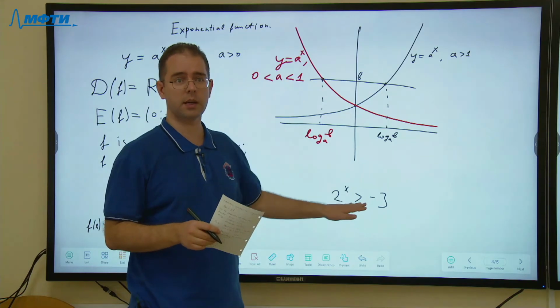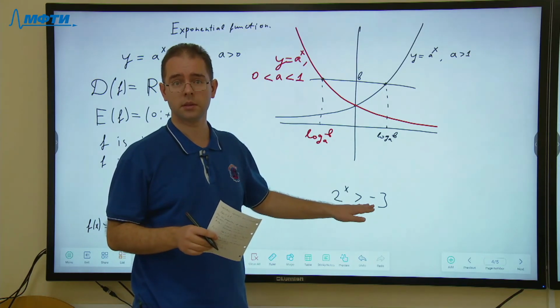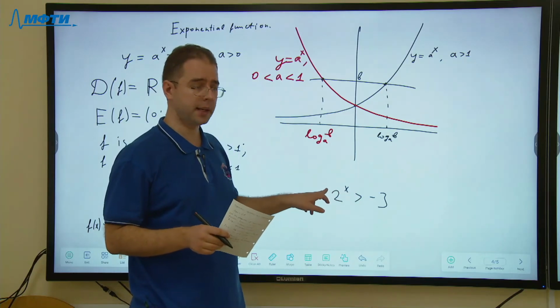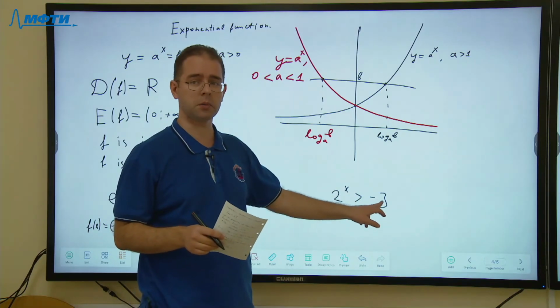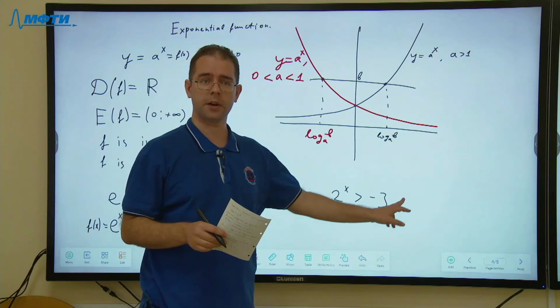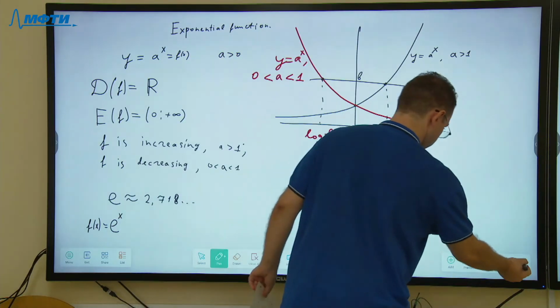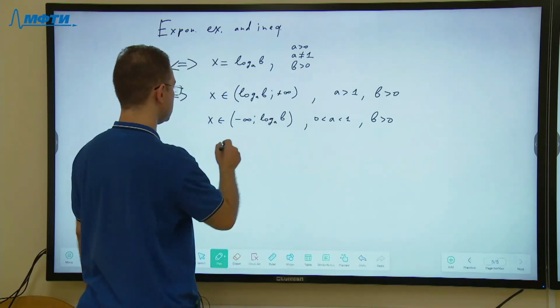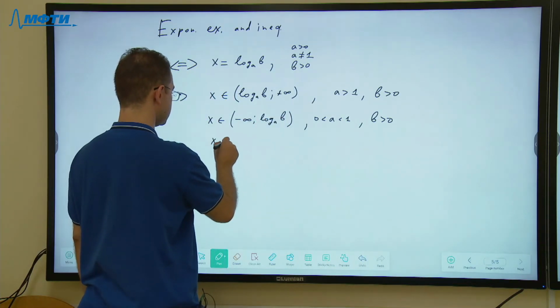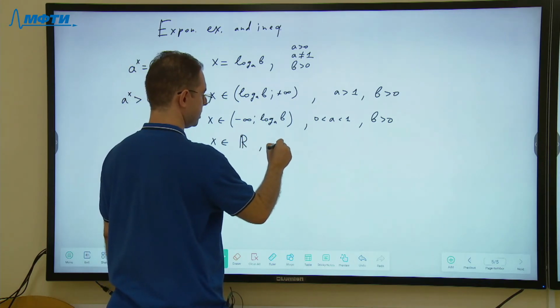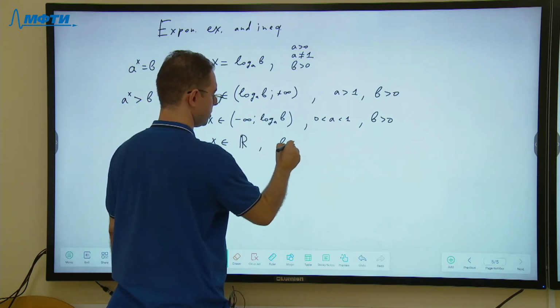So this inequality holds. Can you see? And the same happens for any base and any non-positive value of b. So the solution of this inequality is x is any number, provided that b is non-positive.